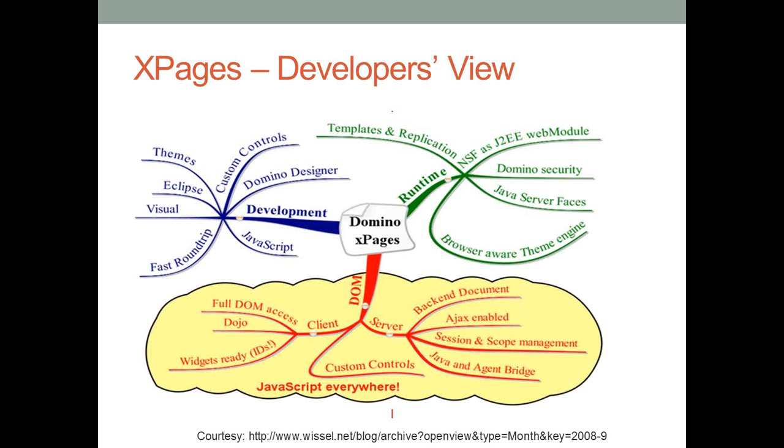But the advantage, and it's a pretty significant advantage, is it's still built on top of the NSF. So the stuff that we are used to, things like replication, things like having documents that move backwards and forwards, things like being able to have a single template that refreshes multiple applications across servers, all of that is still there.